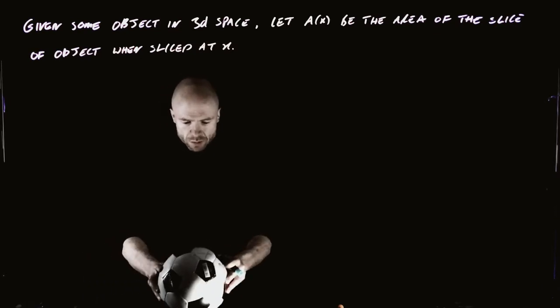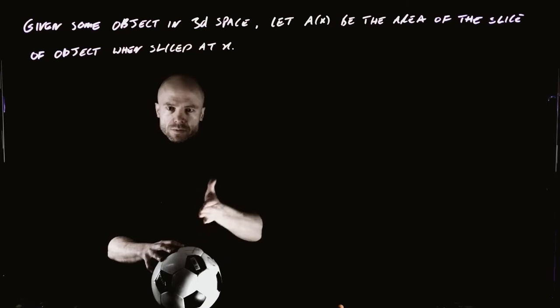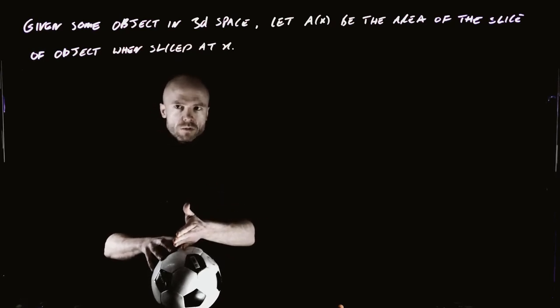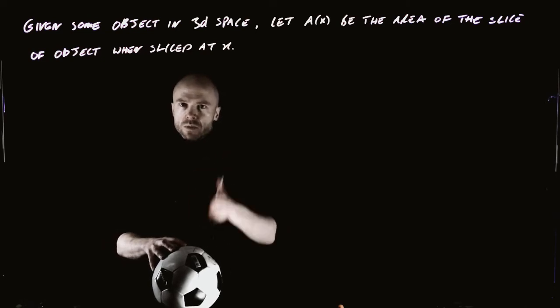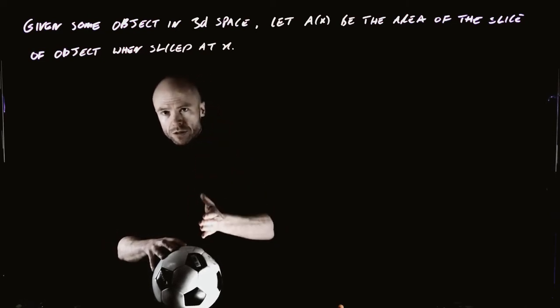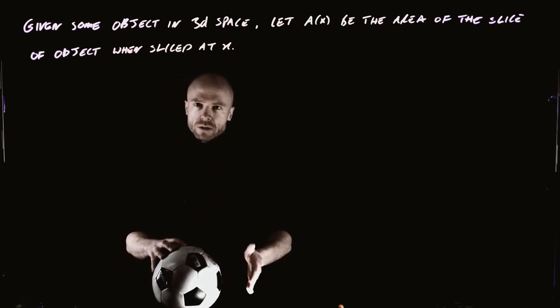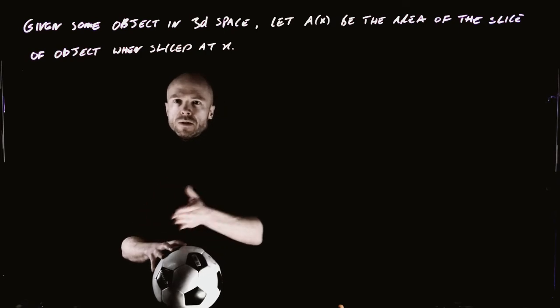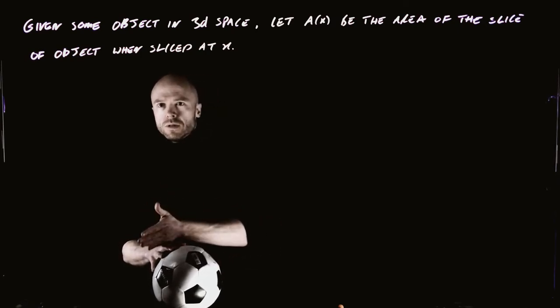So let's put the soccer ball in the center of the axes, and then for every x, from 0 to the radius of the soccer ball, if I take a slice, I will have actually a two-dimensional thing. It will be a circle in this case, and then A of x will be the area of that circle, and that is an example of what an A of x is.